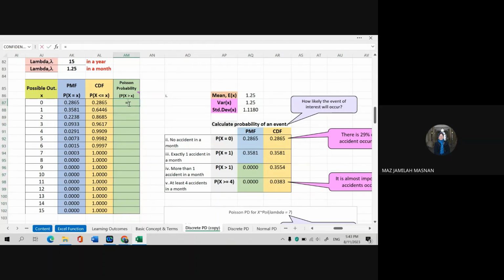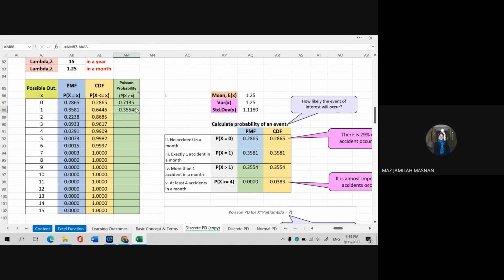It will be equal to 1 minus the exact value of zero occurrence. Okay, you will get that. Then for the next one, it would be P(X) greater than 0 minus P(X) equal to 1.